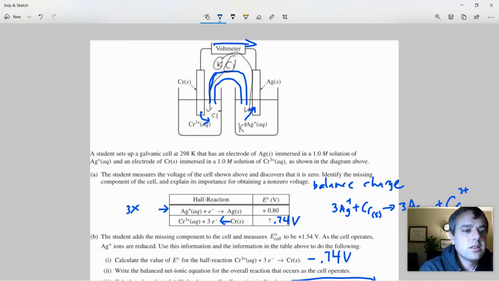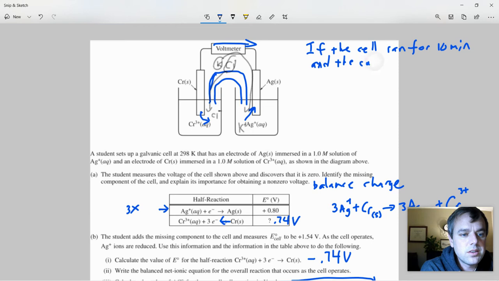So let's say if the cell ran for 10 minutes and the current was 5 amps, how much silver is produced?